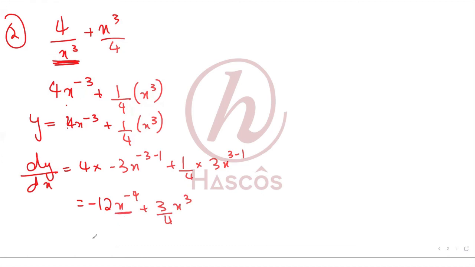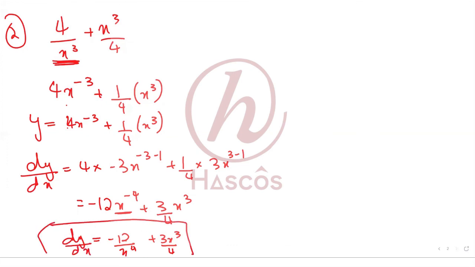We can reciprocate this to make it positive, so minus 12 upon x to the power of 4 plus 3x squared upon 4. This is dy over dx. When this is differentiated, you get this. This is how we end up differentiating this complex example.